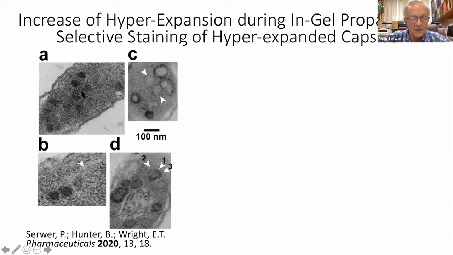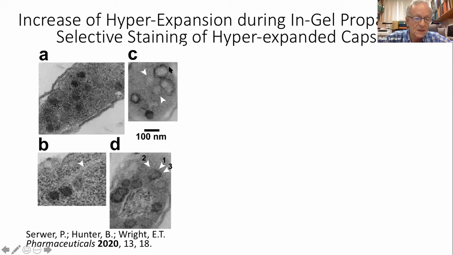And if you stain with uranyl acetate and lead, you see these hyperexpanded things here. One of the reasons there are so many of them is that the number of hyperexpanded capsids is increased by at least 10-fold in gel relative to conditions in solution.